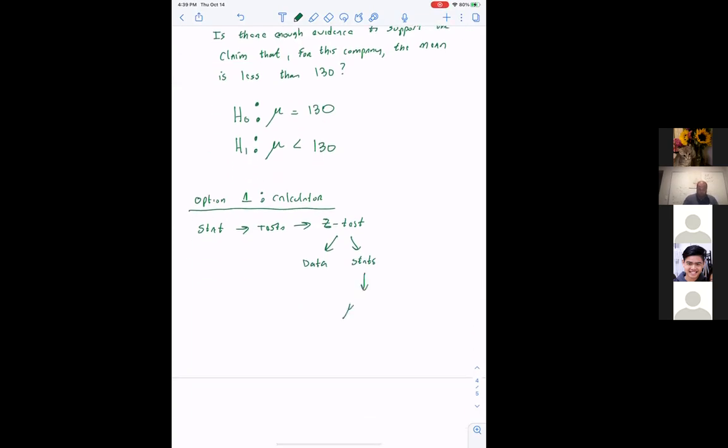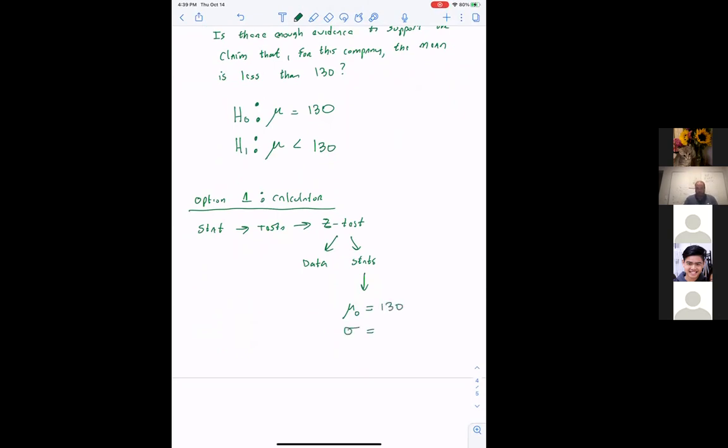The first one is mu naught. This is the null hypothesis belief of what the mean is equal to. So in our case, what is that? 130. Okay. The next is sigma.